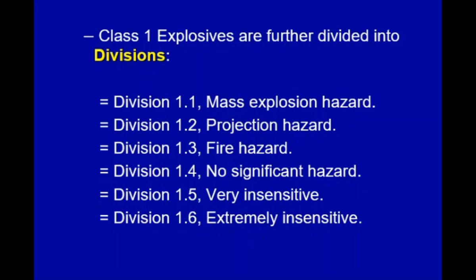Division 1.5 is very insensitive, and Division 1.6 is extremely insensitive. So these are the 6 divisions of explosives. When it comes to the divisions, you don't say class and divisions, you just mention division. For example, Division 1.1 or Division 1.2.